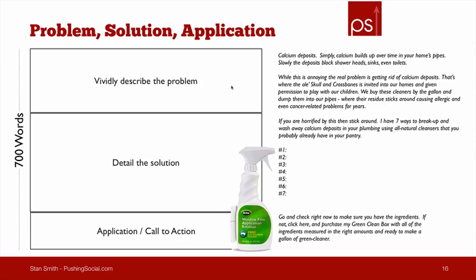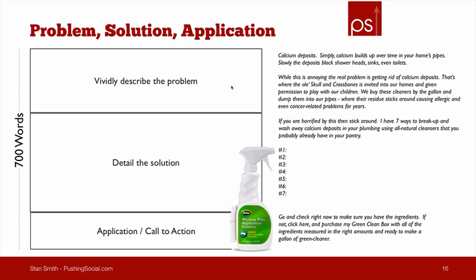And then the last thing is your application. Your call to action is go and check right now to make sure you have the ingredients. If not, click here and purchase my green clean box with all of the ingredients measured in the right amounts and ready to make a gallon of green cleaner. Okay, so that's kind of like a nice little pivot there, right? So you're not only providing an application, but you're giving people your product.